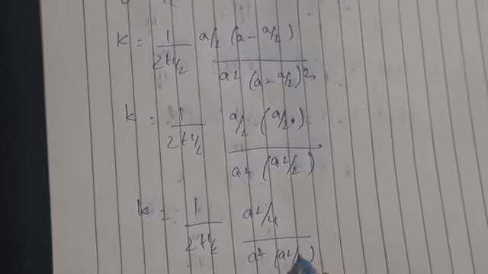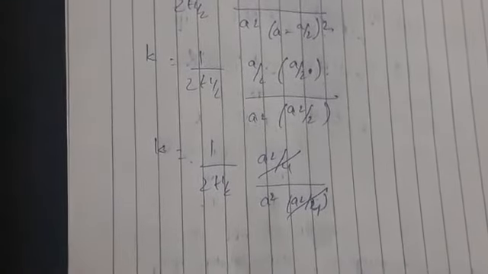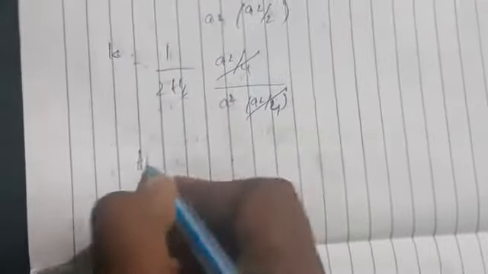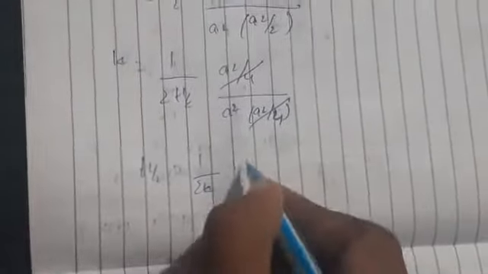Okay, a square by 4, so this one will get cancelled. Then we are going to get the t half value. What is the t half value we are going to get here? t half is equal to 1 by 2k into 1 by a square.